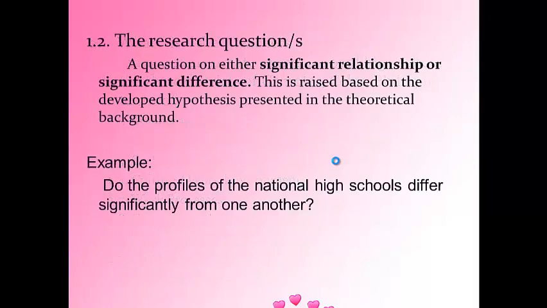So this part is the research question. A question on either significant relationship or significant difference. So this is raised based on the developed hypothesis presented in the theoretical background. Example: do the profiles of the national high schools differ significantly from one another?